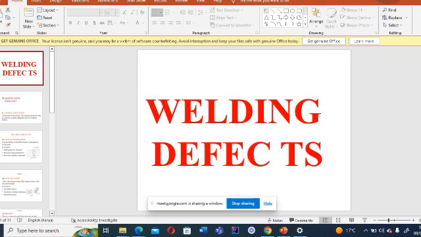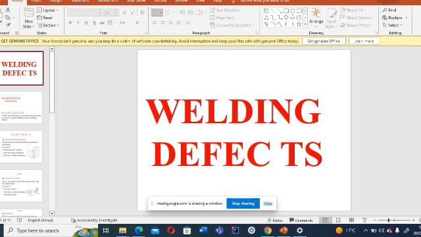Awesome. So mine too was good, and to begin with, we did define some different terms in welding and fabrication, and we did say welding is actually the joining of two similar or dissimilar metals together.